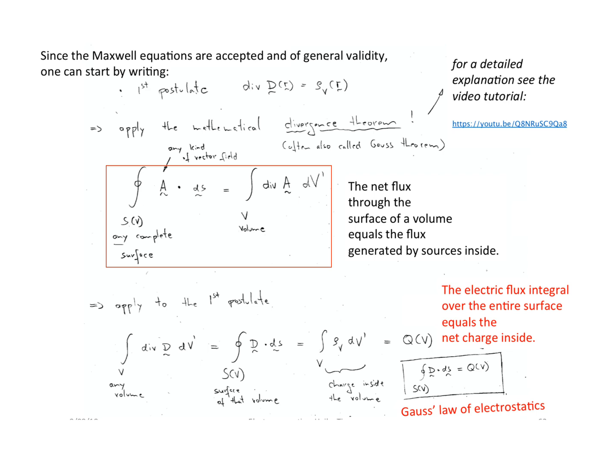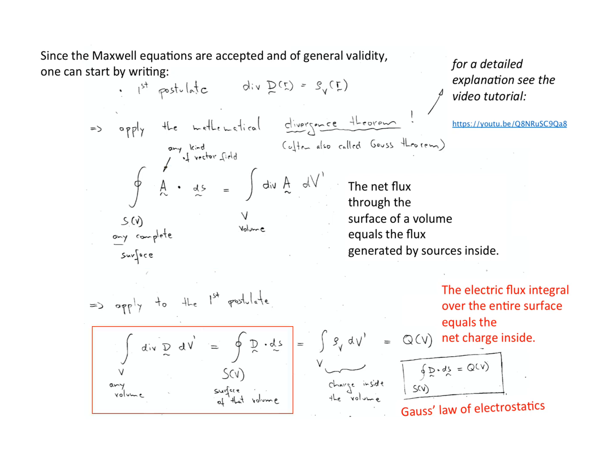Since this theorem is of general validity and true for any vector field in vector calculus, it can certainly be applied to electrostatics. The red box emphasizes a direct translation of the divergence theorem into electrostatics.